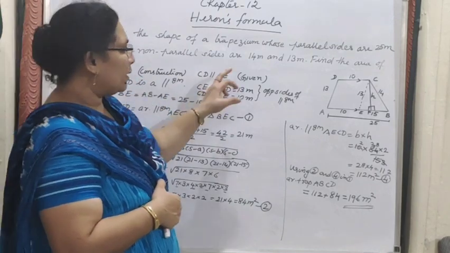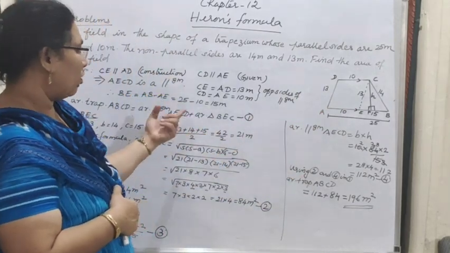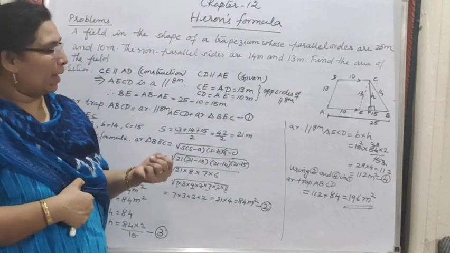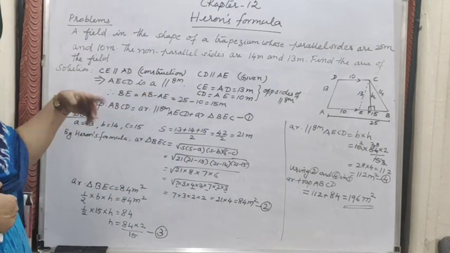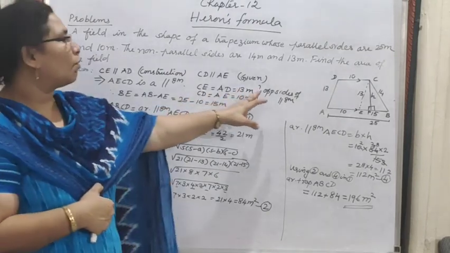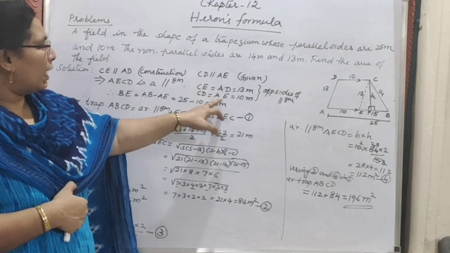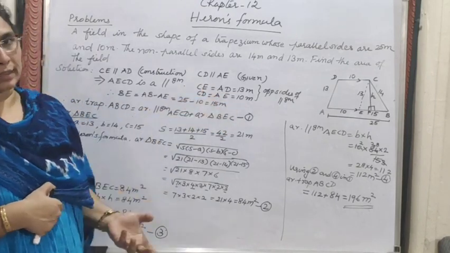Already it is a trapezium, so one pair of opposite sides is parallel, that is CD parallel to AE. So two pairs of opposite sides are parallel. What is the conclusion? AECD is a parallelogram. Opposite sides of a parallelogram are equal, so we can take down AE equal to 10 and also CE equal to 13.